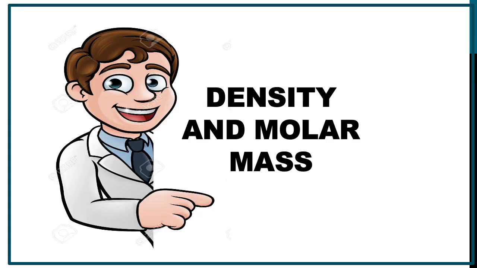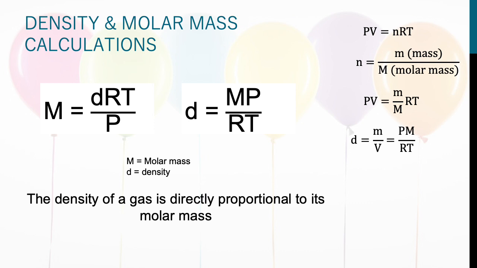Okay, now we go to the density and molar mass. This is the formula for the density and molar mass. M here is the molar mass, equal to d, the density, multiply with R, the gas constant, and temperature, divided by P. So this is the formula when we want to calculate the molar mass.